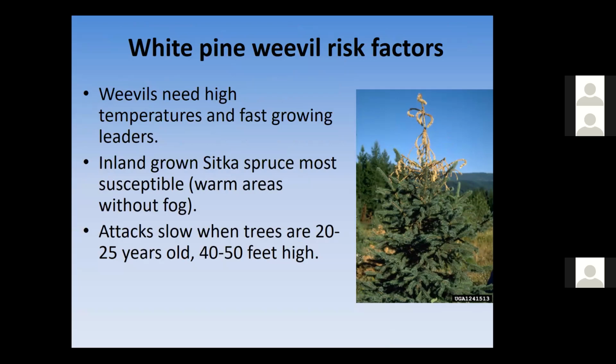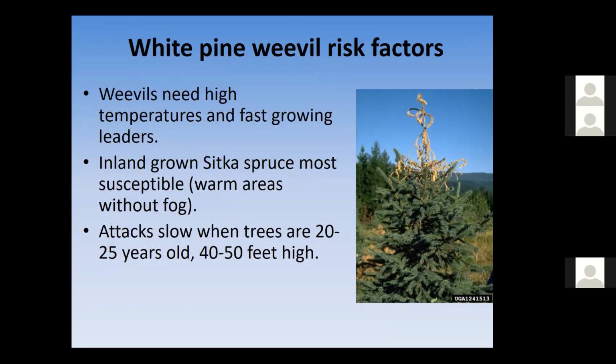So they like high temperatures, fast growing leaders, they want that succulent tissue to feed on. And so the spruce that grow further inland, this is kind of the opposite of the Swiss needlecast issue, where those drier, hotter sites farther from the coast, the spruce don't do as well because of this weevil.